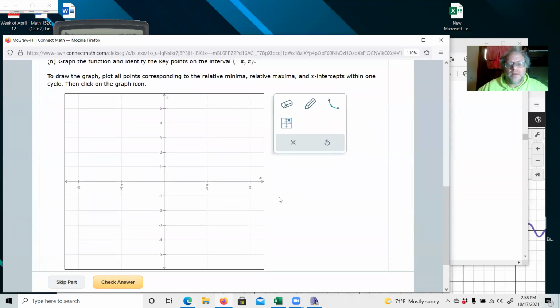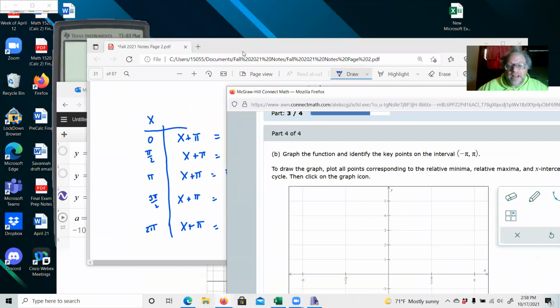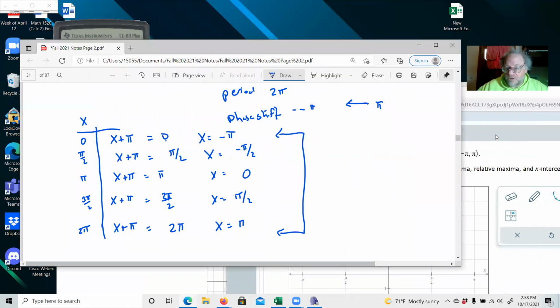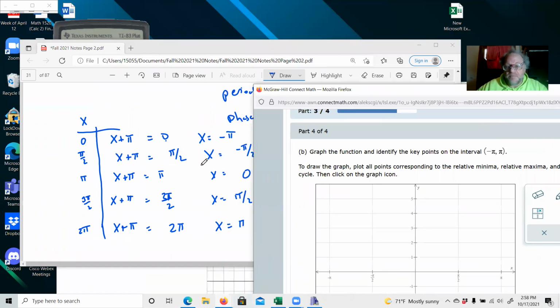And then we have to graph this thing. But fortunately, if I can graph it, then I can graph it in my new coordinates, my new points. So what I want for x to be 0, it's actually going to be over here at x equals negative pi.